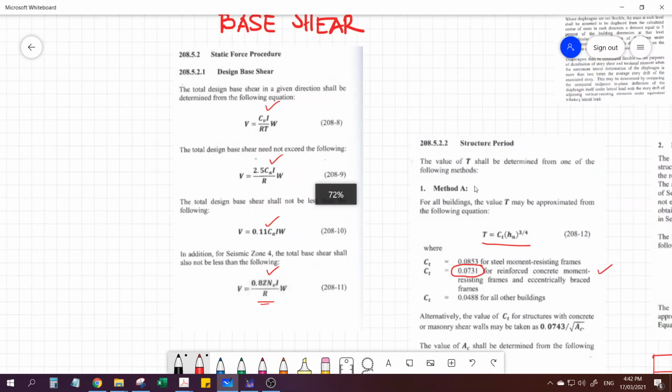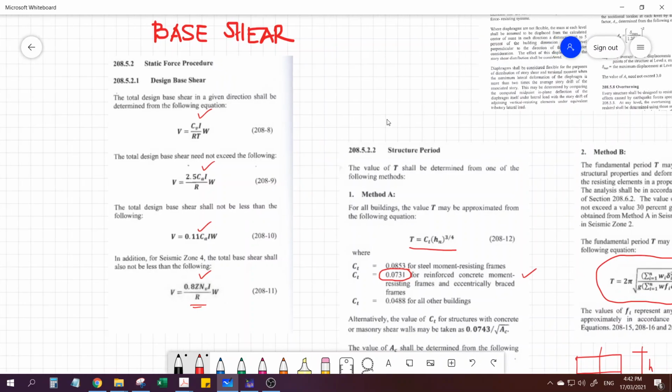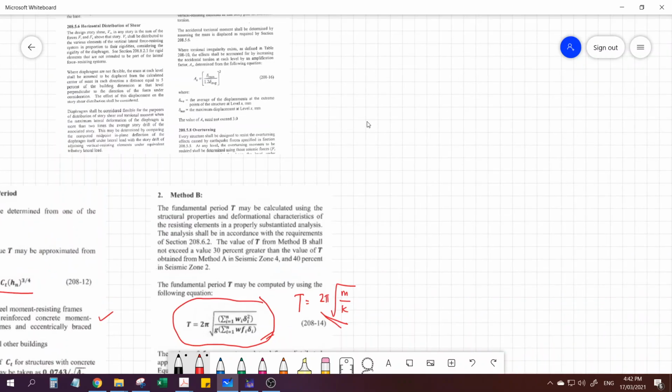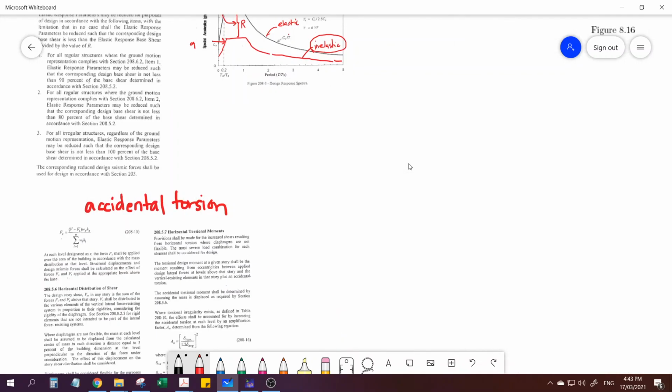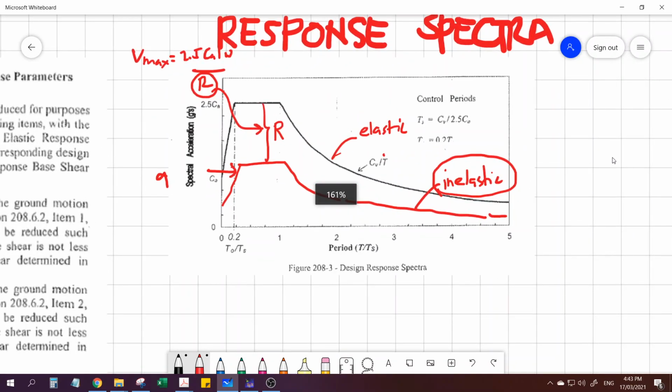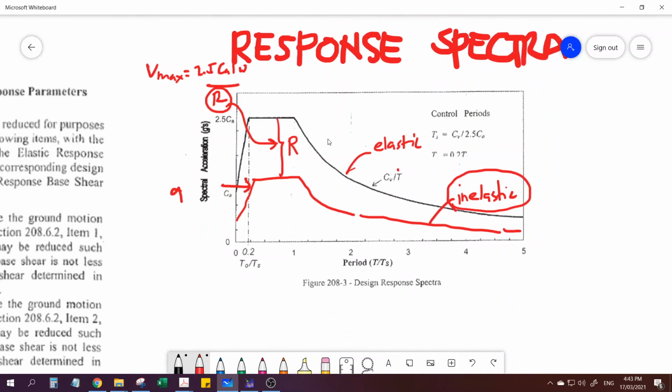I want you to recall the response spectra here. So remember 2.5 Ca and CvI. So, let's go back to the response spectra. As you notice, we again have this one, 2.5 Ca, while CvI over RT W is this, okay?